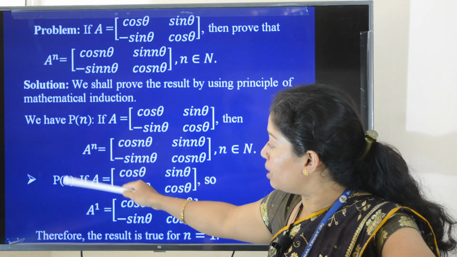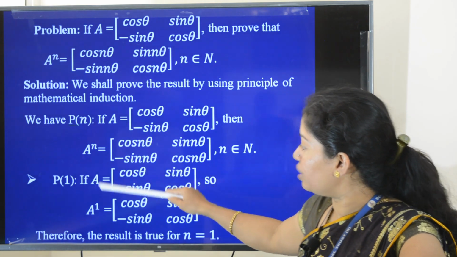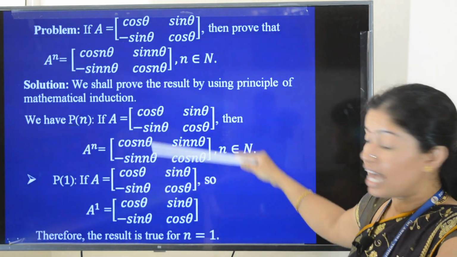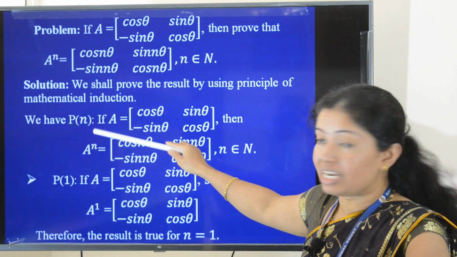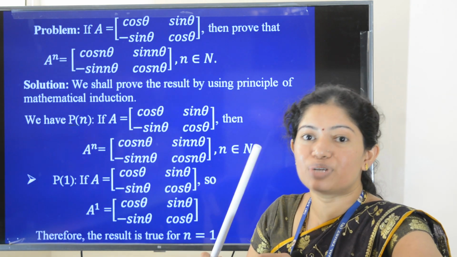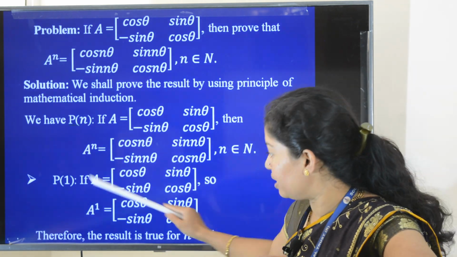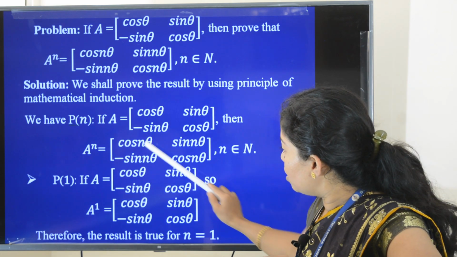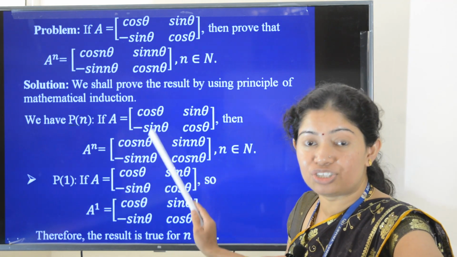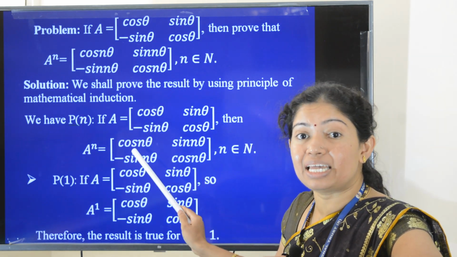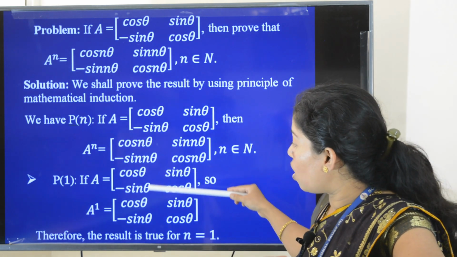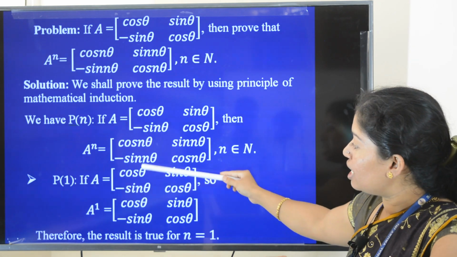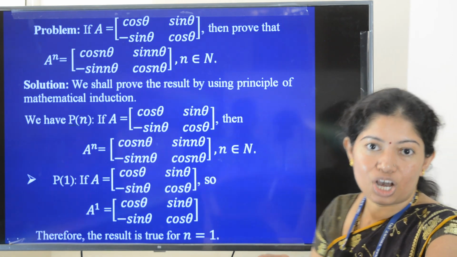So the statement will become P of 1: if A is this matrix, then wherever n is there, you replace that n by 1. So it will become A to the power 1 is equal to, here also in all the angles you have that n, so replace that n by 1. So it will become cos theta, sin theta, minus sin theta and cos theta.